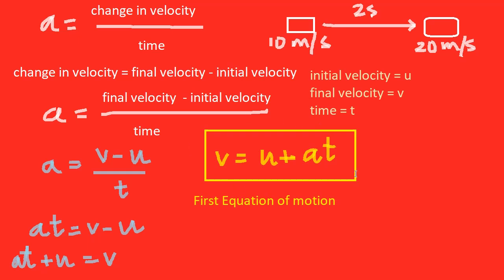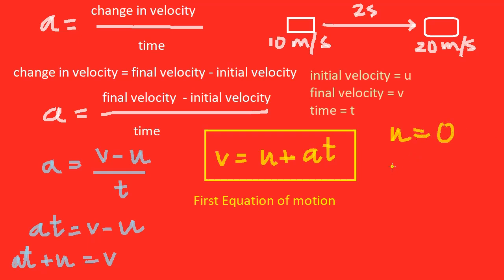So here we are dealing with four quantities: the initial and final velocities, acceleration, and time taken. Let's take a quick example. Suppose a body starts from rest. That means its initial velocity u is 0.